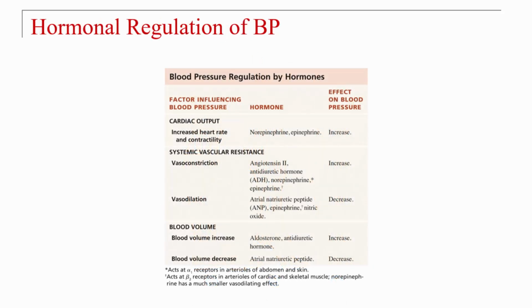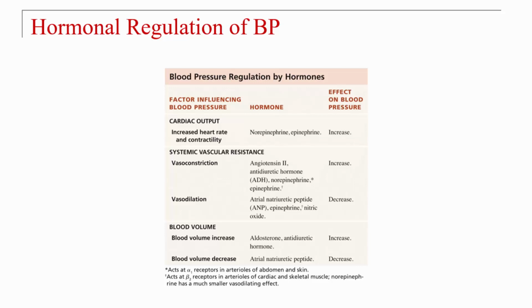Okay, hormonal regulation of blood pressure. Cardiac output is increased heart rate and contractility. The hormones that are going to do that are norepinephrine and epinephrine, and that's going to increase blood pressure.